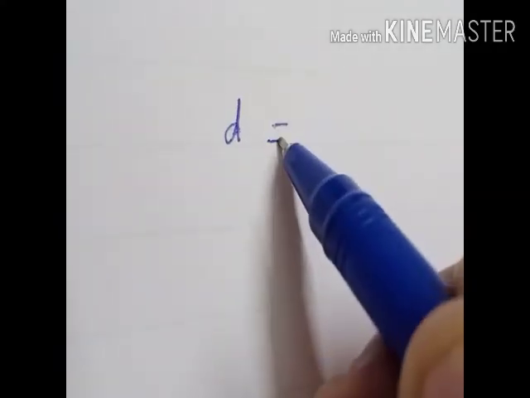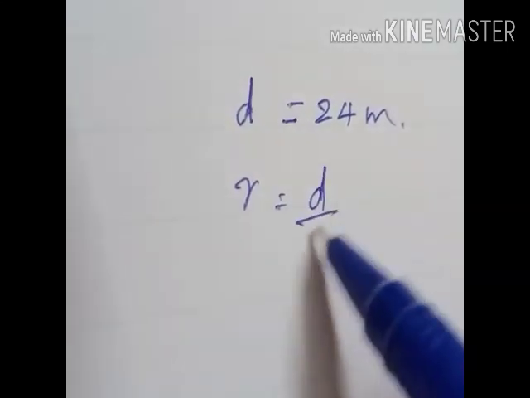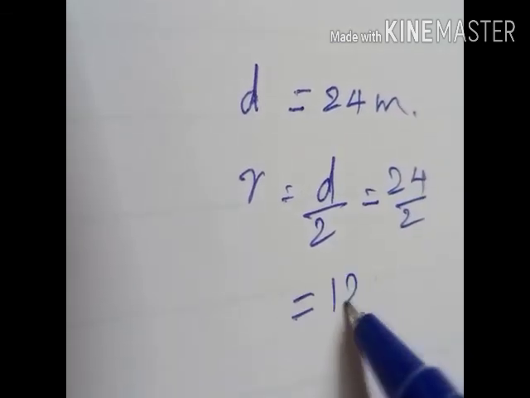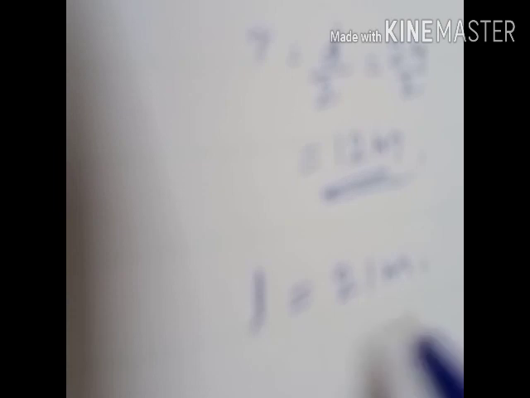Diameter D is given as 24 meter. So radius equal to D by 2, that is equal to 24 by 2, that is 12 meter. And slant height L is given as 21 meter.